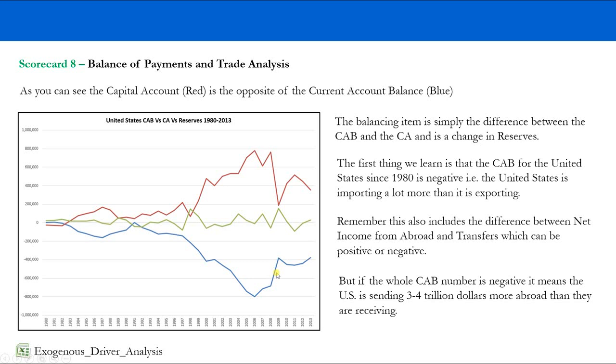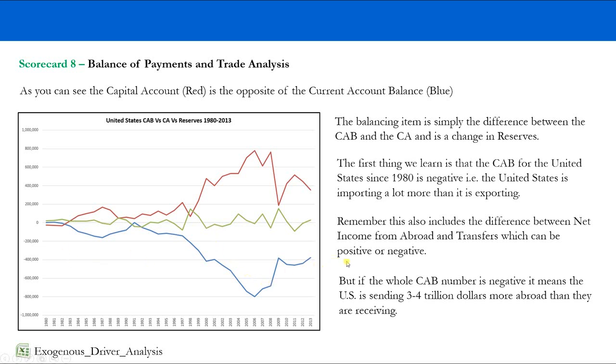What's supposed to happen in the balance of payments, in theory, is that the current account balance and the capital account net each other off. That's in theory. Now, the balancing item, which is in green, is basically the recorded difference between the capital account and the current account balance.